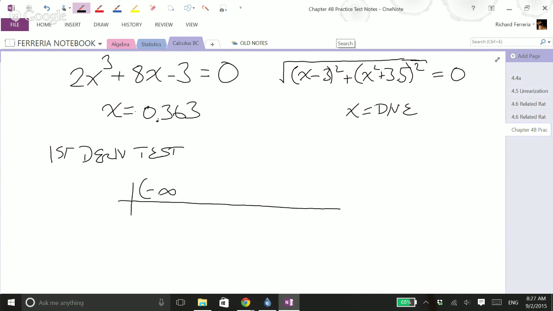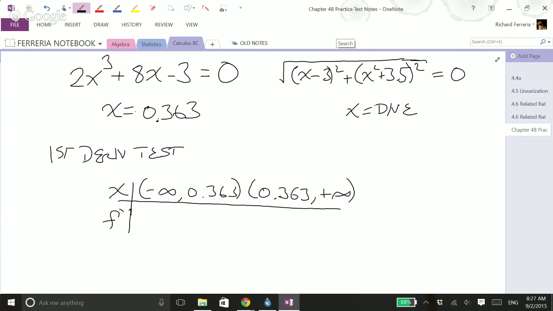Negative infinity to 0.363, 0.363 to positive infinity. That's our value of x. We want to calculate our slope. Sorry, f prime.